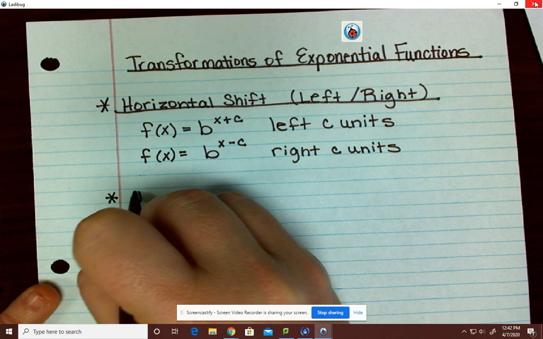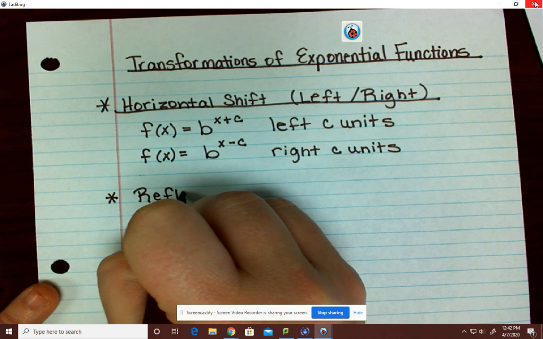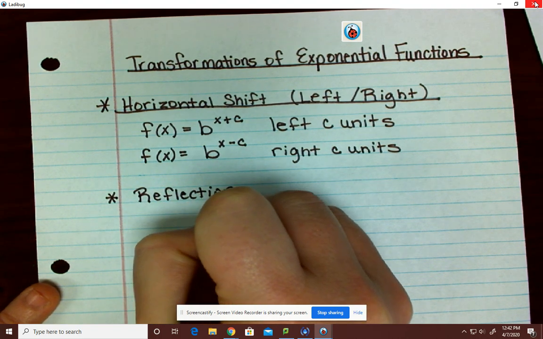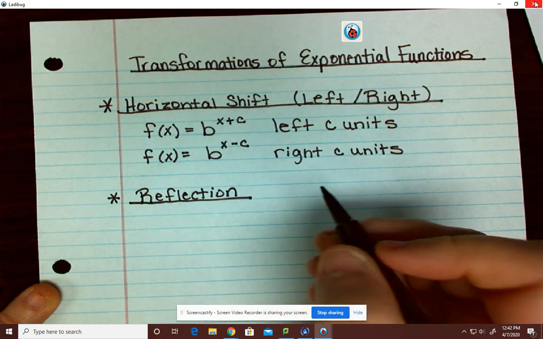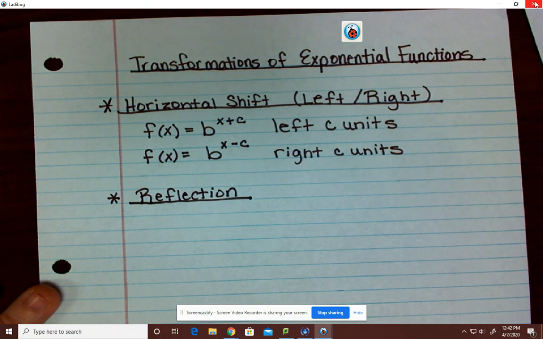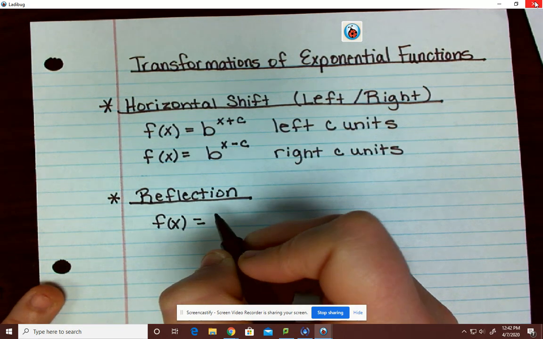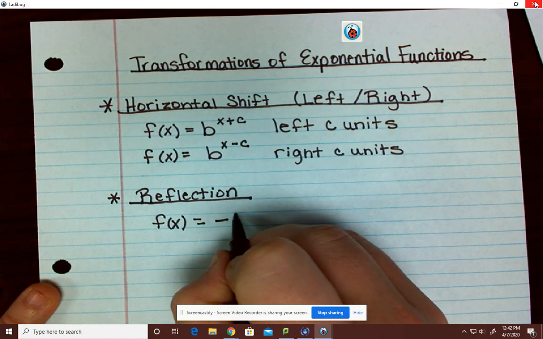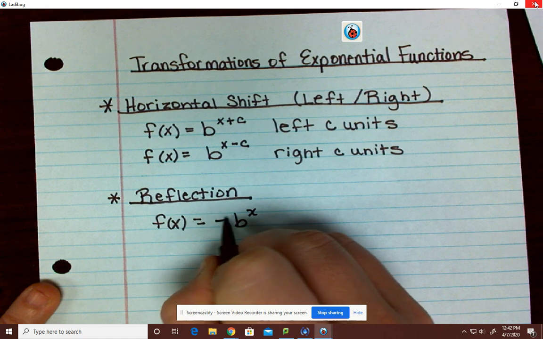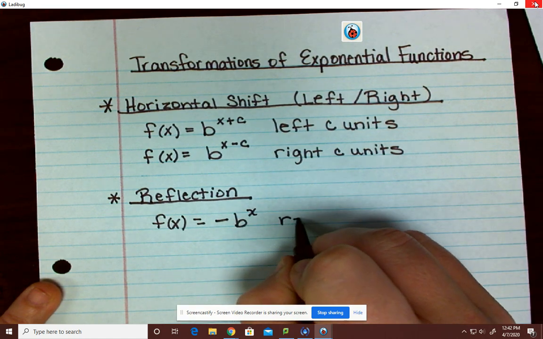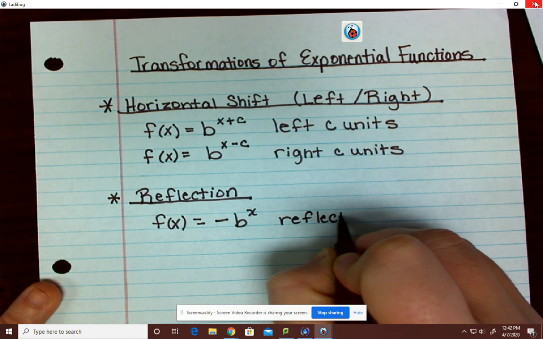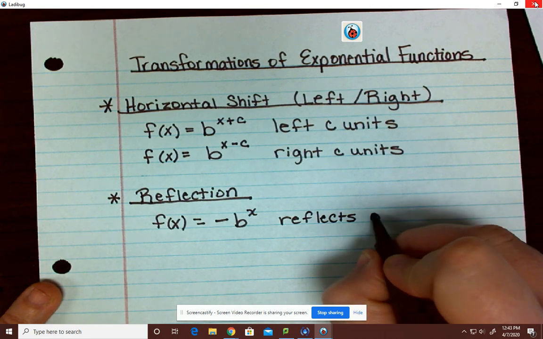Then we have reflection if we just stick in that same order that we did our other transformations. And so when we had the negative to the whole function on the outside, this is essentially the outside. That reflects the graph over the x-axis.